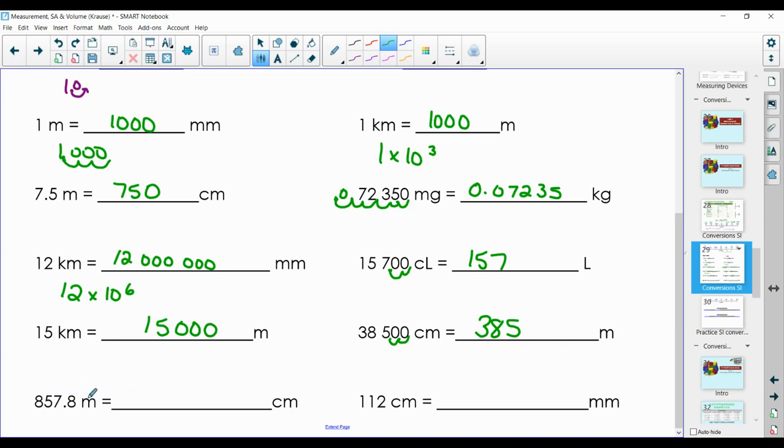If we're going from a bigger unit to a smaller unit, our number should get bigger. So in this case, we're multiplying by 100. So 85,780 centimeters. And our last question, going from centimeters to millimeters, bigger unit to smaller unit, my number should get bigger. So 1,120 millimeters.